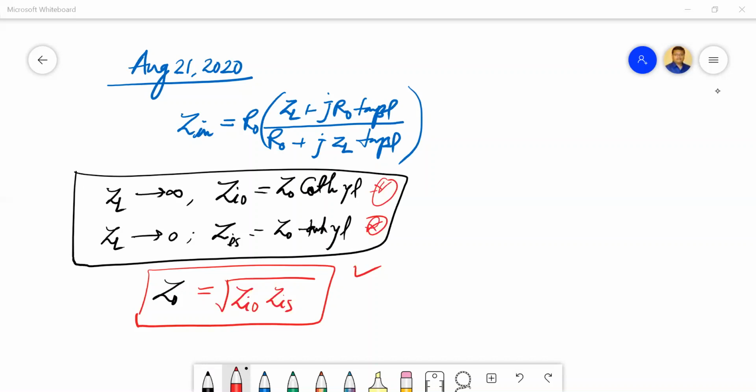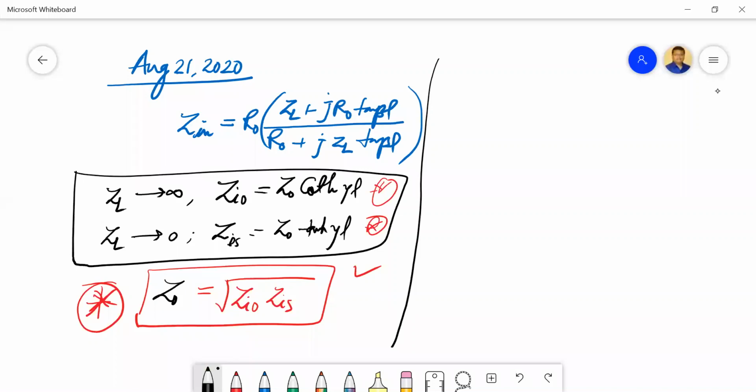This is a very important relation, and you're supposed to remember it, because many times in a problem Z_0 will not be given, and instead the short circuit and open circuit impedances are given.